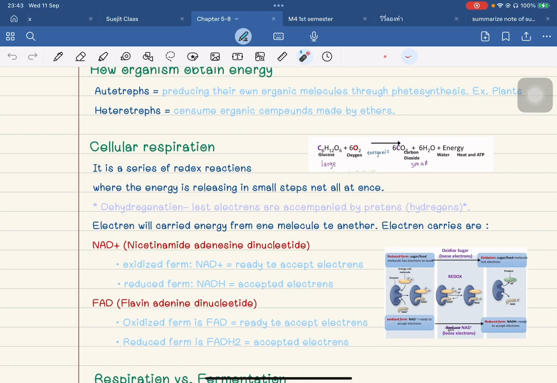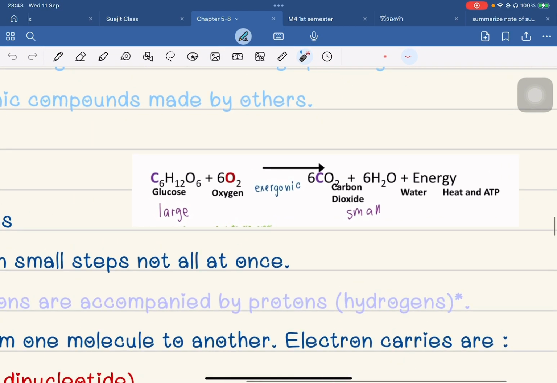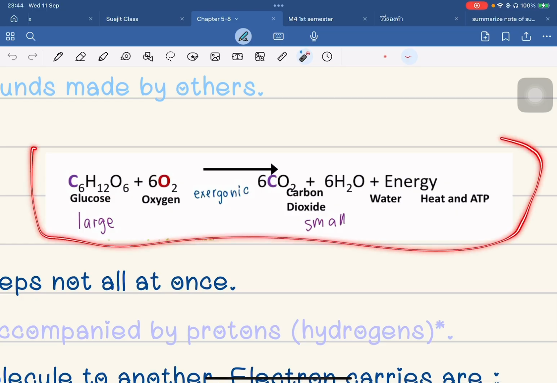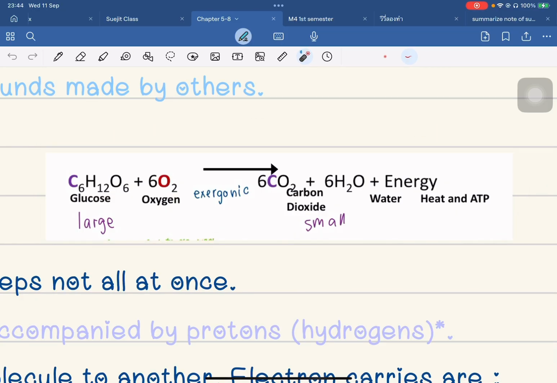The lost electrons are accompanied by protons, which are the hydrogens. So this is the chemical reaction of cellular respiration.